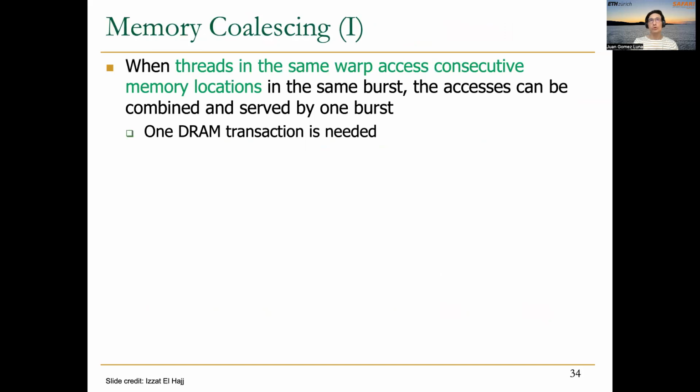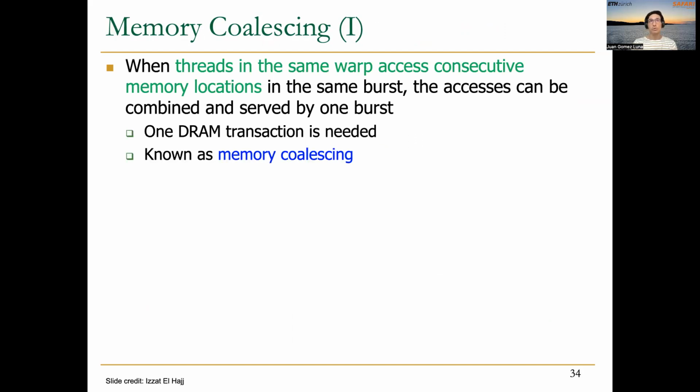The best way to do so is to have coalesced memory accesses. That basically happens, as we have seen, when the threads inside the same warp that access memory all together are accessing consecutive memory locations, because these consecutive memory locations will likely reside in the same DRAM burst.